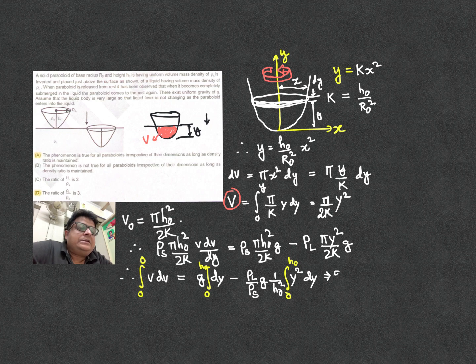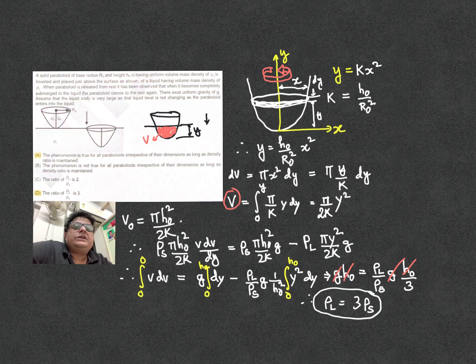This implies g times h naught is equal to rho L divided by rho s, g into h naught cube by h naught square, with the 3 here. So g h naught will cancel out. Therefore rho L equals 3 times rho s. If rho L equals 3 times rho s, this paraboloid will ultimately come to rest.